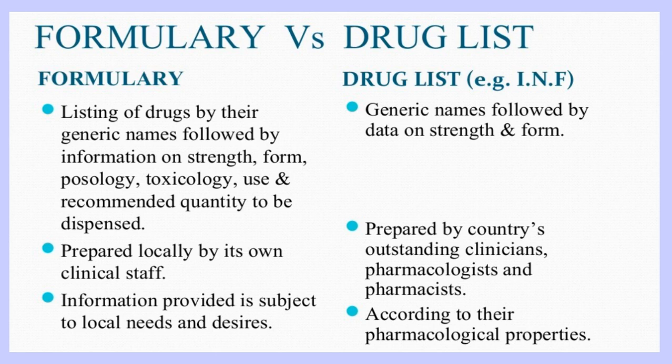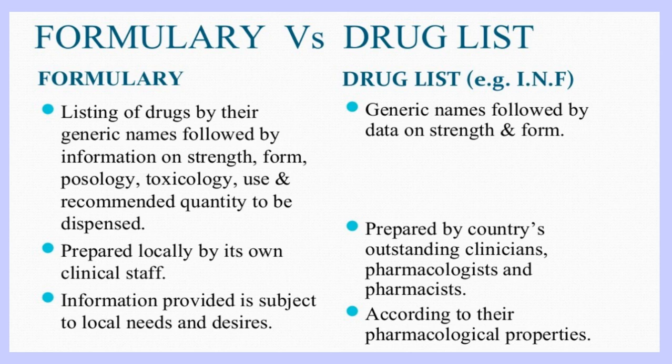So the formulary is prepared locally by its own clinical staff who are present in the hospital. Information provided is subject to local needs and desires. So based on the local needs, that is the type of patients that are coming to the hospital and the type of diseases that are cured by the hospital, the information in the hospital formulary is framed.